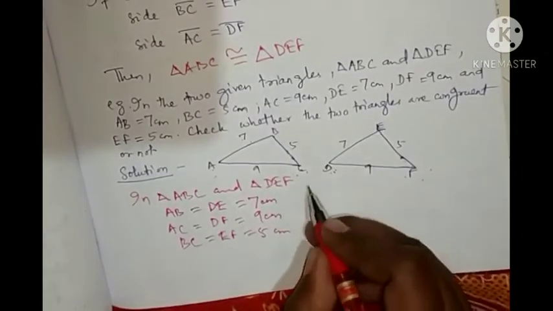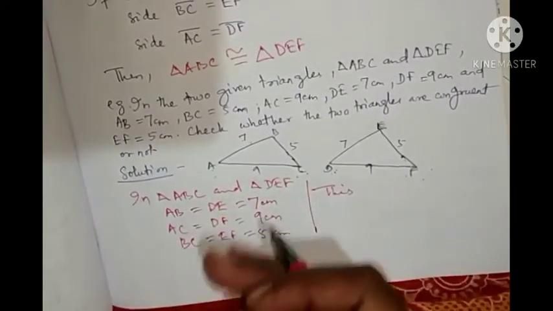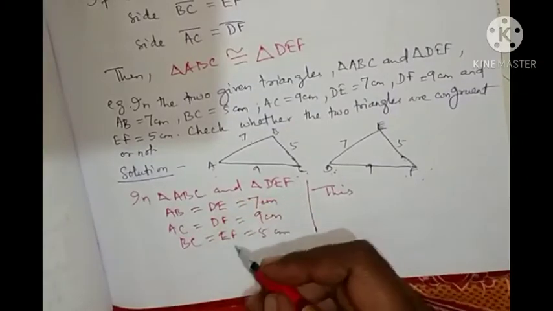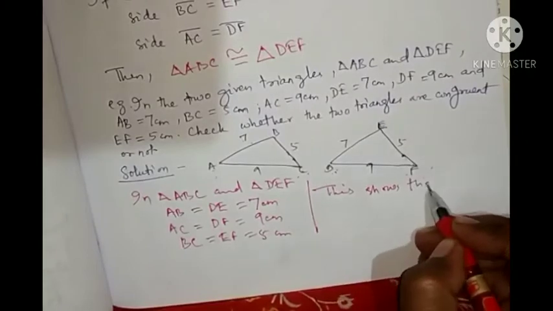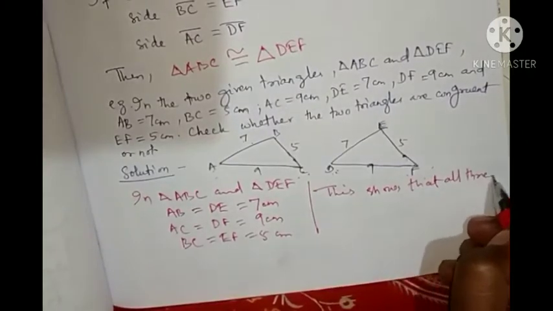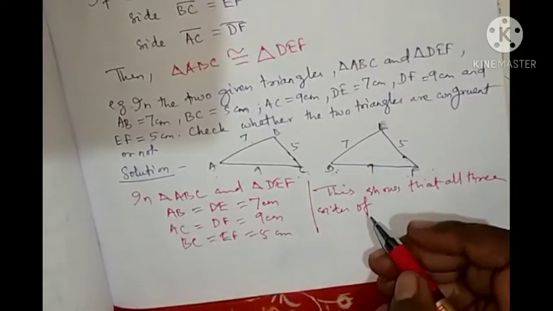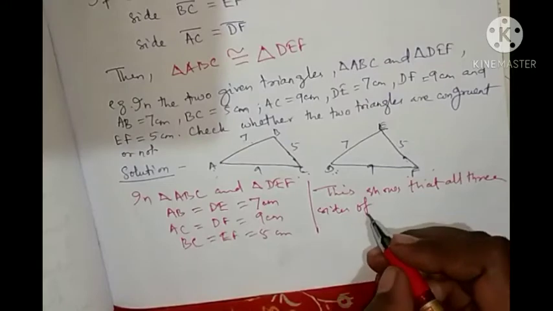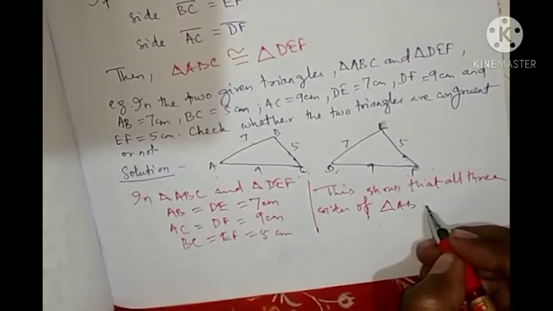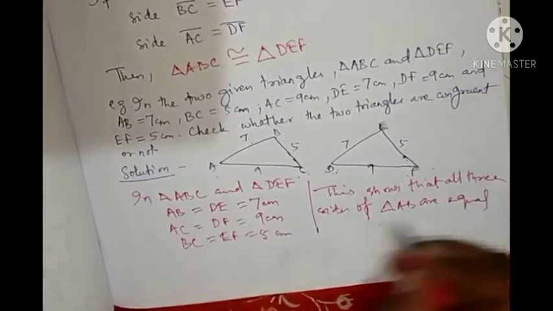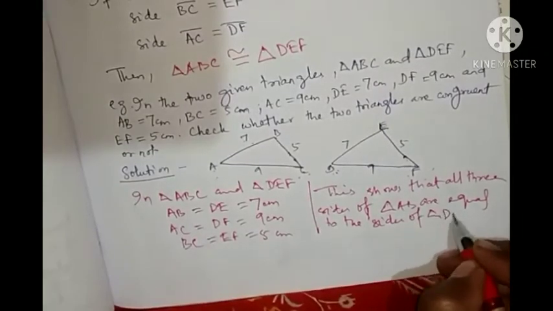So what you will write? I don't have place, that's why I am writing on this side, but you write below. This shows that all three sides of triangle ABC are equal to the sides of triangle DEF.